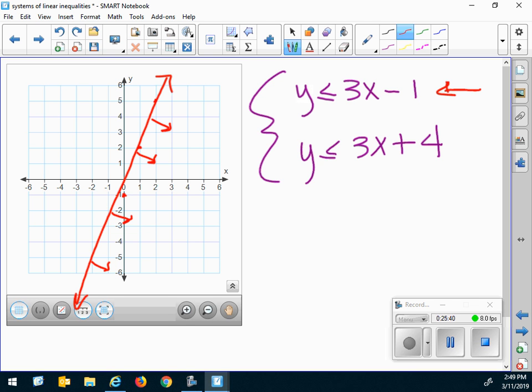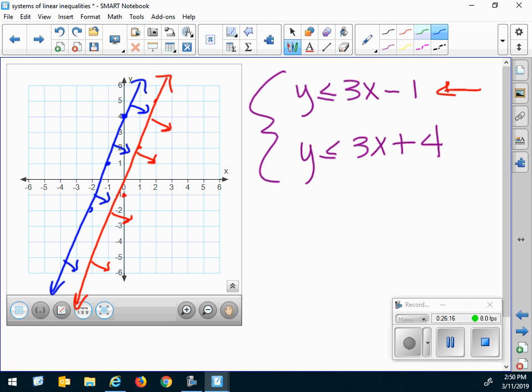Now, look at this one. Y-intercept's 4. Up 3, right 1. I can't get there, so I could go down 3, left 1. Solid. Pretend they're parallel because they're supposed to be. Above or below? Below. Now here's the question.